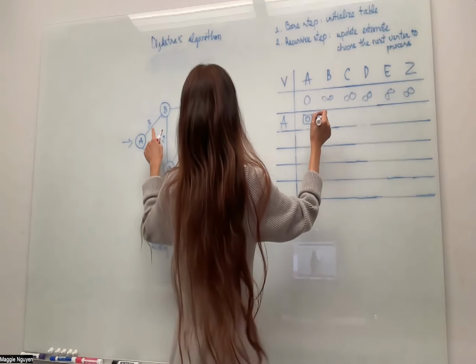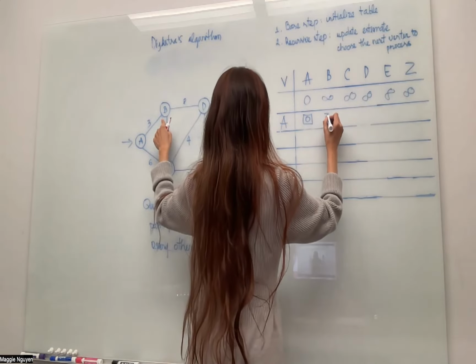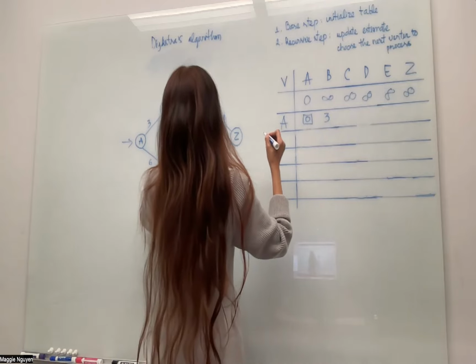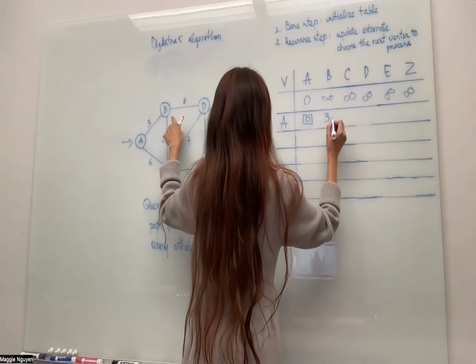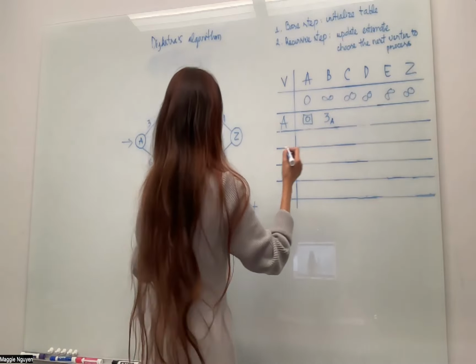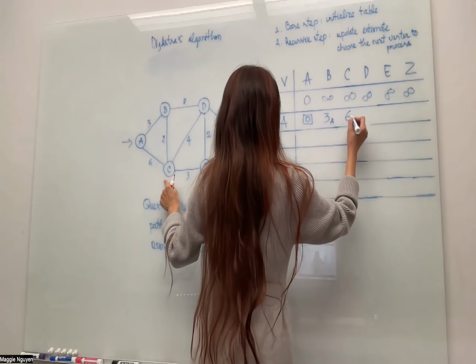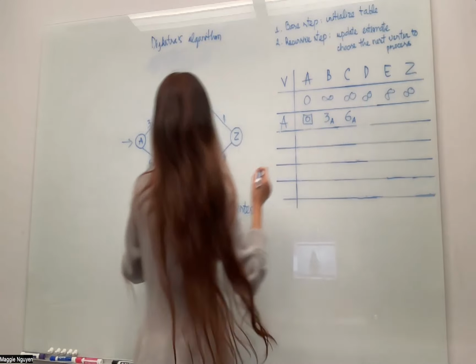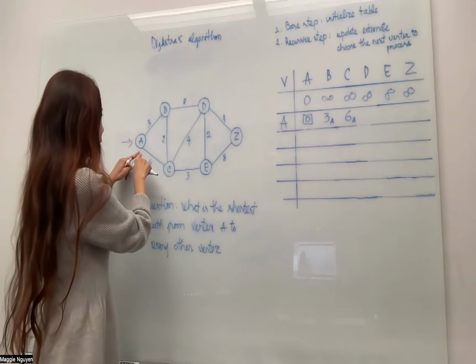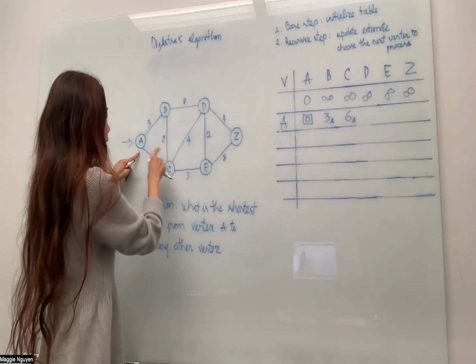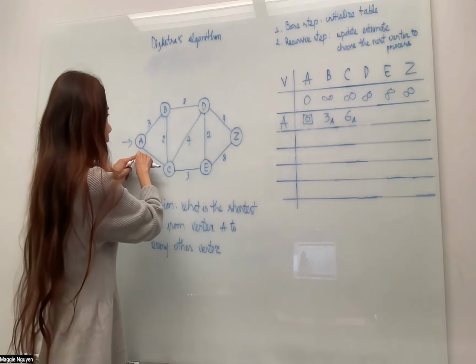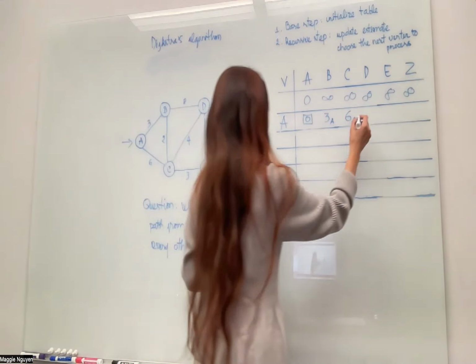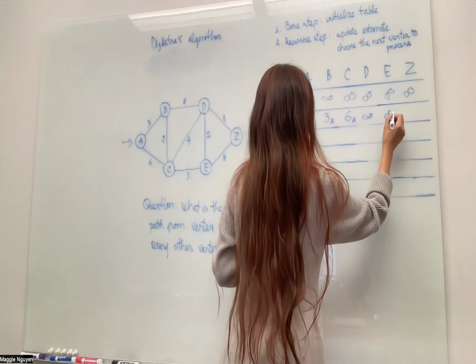And then A to B is 3 from A, and A to C is 6 from A. I cannot go to D, E, Z from A, so they are still infinity for now.